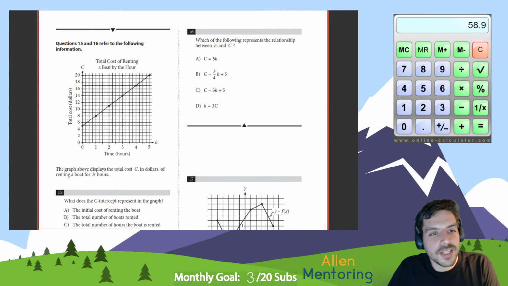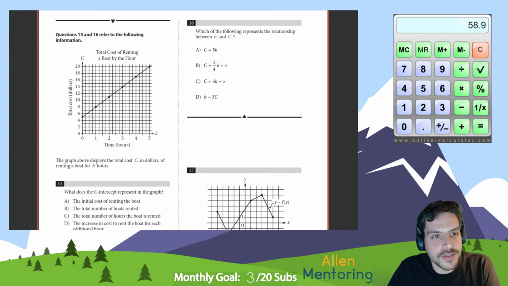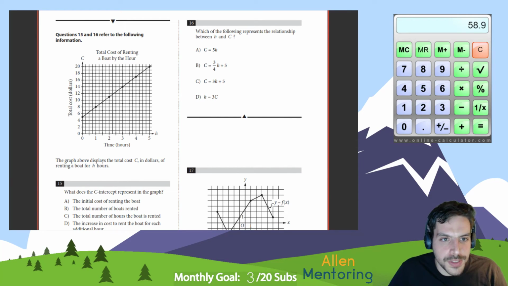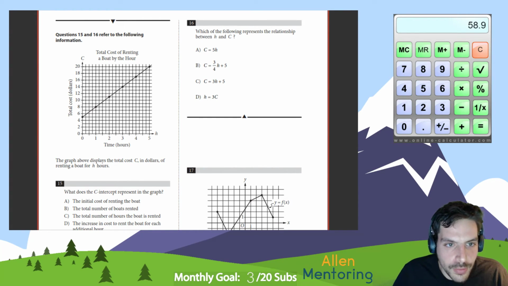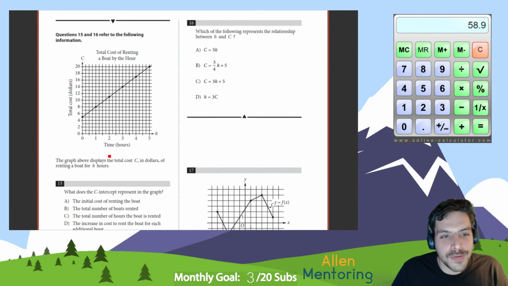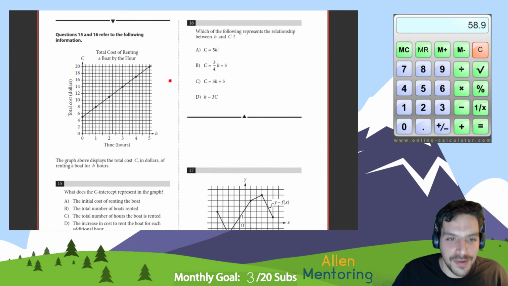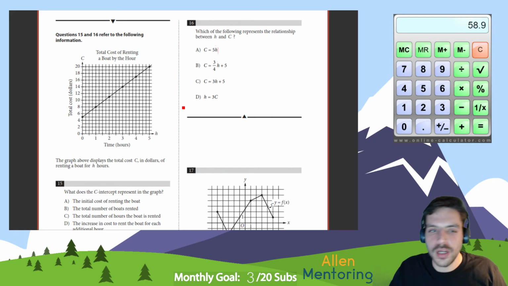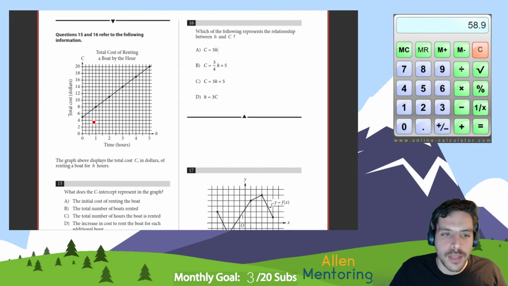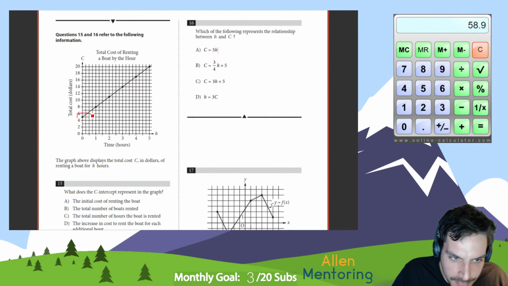Okay. Back to actual SAT stuff. Questions 15 and 16 refer to the following information. Total cost of renting a boat by the hour. And the graph displays the cost C. Honestly, I could have predicted this question from a mile away. When you see these types of graphs about renting boats or taking a taxi, they'll always ask you about the y-intercept.